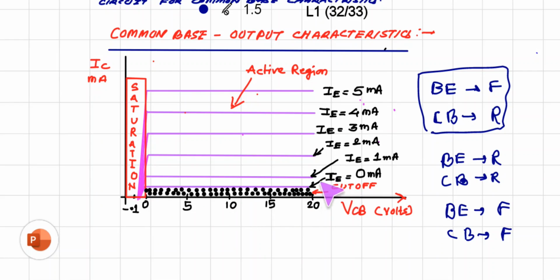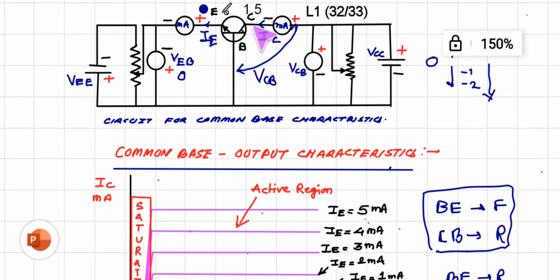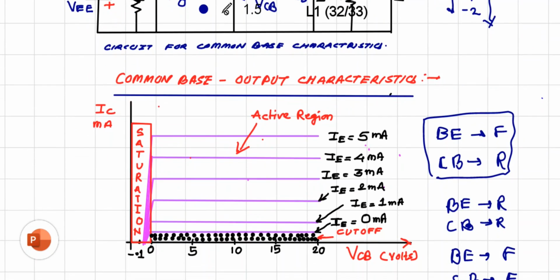When IE is equal to 0, a very small amount of leakage current is flowing through the reverse bias junction. So through this a very small amount of leakage current flows, and that is ICBO, the reverse saturation current. So remember that the region below this curve, where IE is equal to 0, the IC which we get is exactly equal to ICBO.